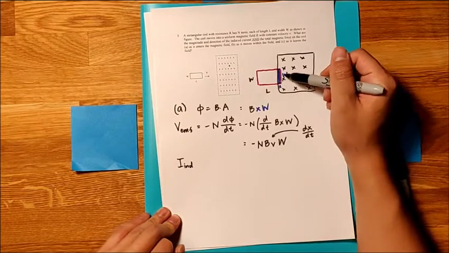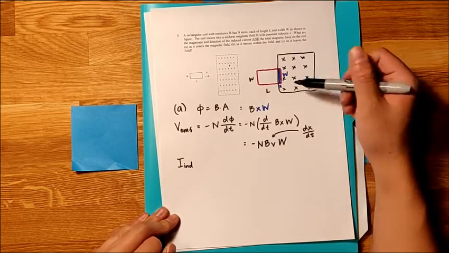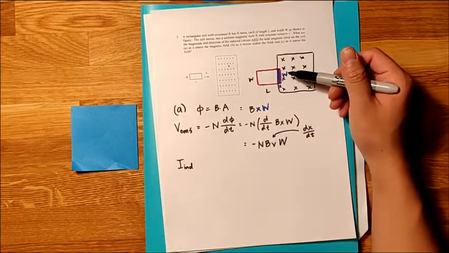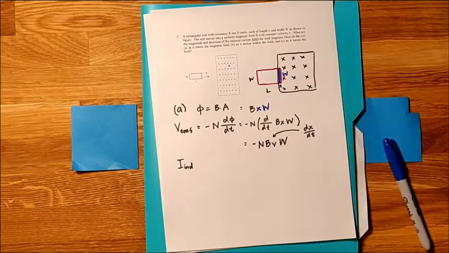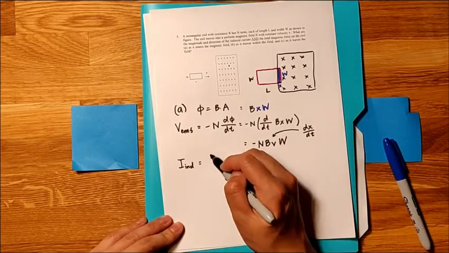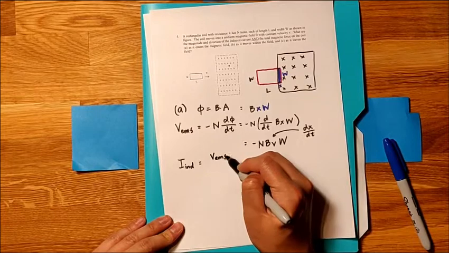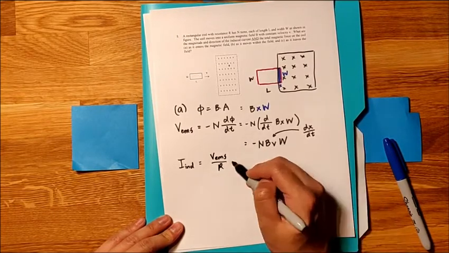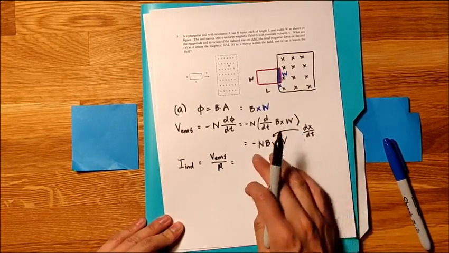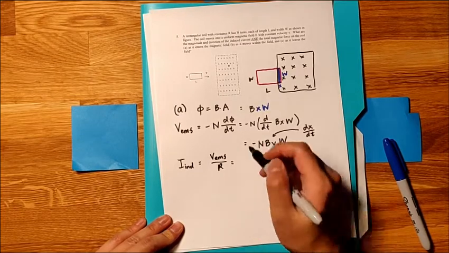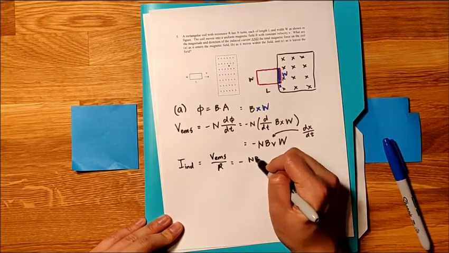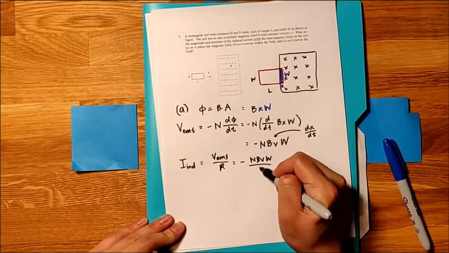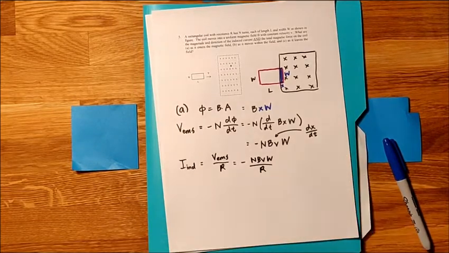Now to find the induced current, and there will be some induced current going in a certain direction because its flux is changing. The formula is simply EMF divided by R. In this case, we can just plug in our EMF, which is negative N B V W over R, and this will be our induced current.